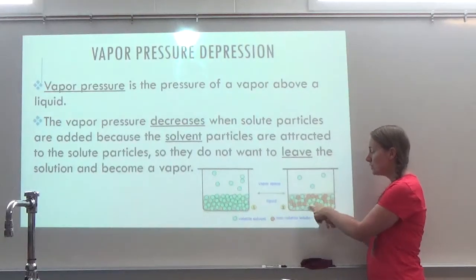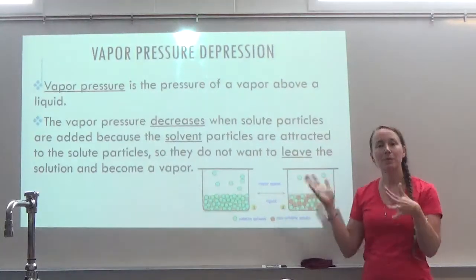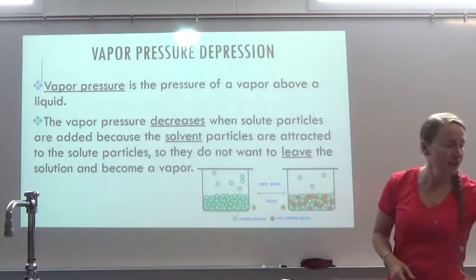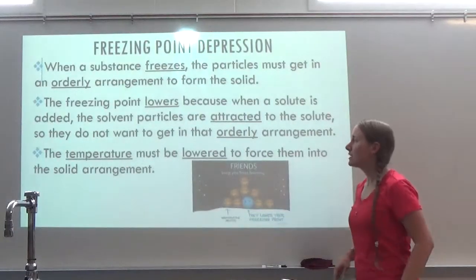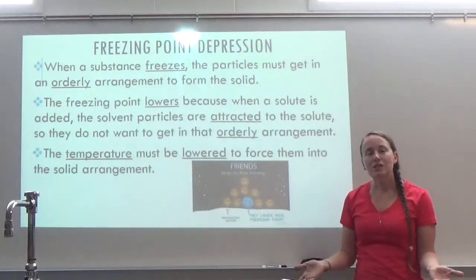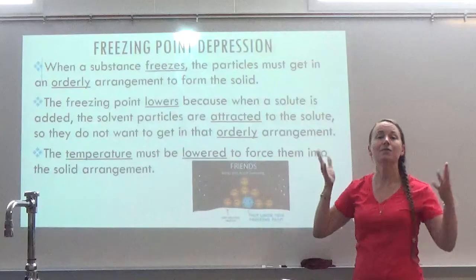But once we introduce those new famous solute particles, fewer of them want to evaporate and become a gas. And so that lowers or depresses the vapor pressure. Now, I know you're probably thinking, oh my gosh, we're going to have to learn 3 different ones of these. Well, yes, but the explanation is all the same. If you just listen to the explanation or even read it, it's the same for all 3.